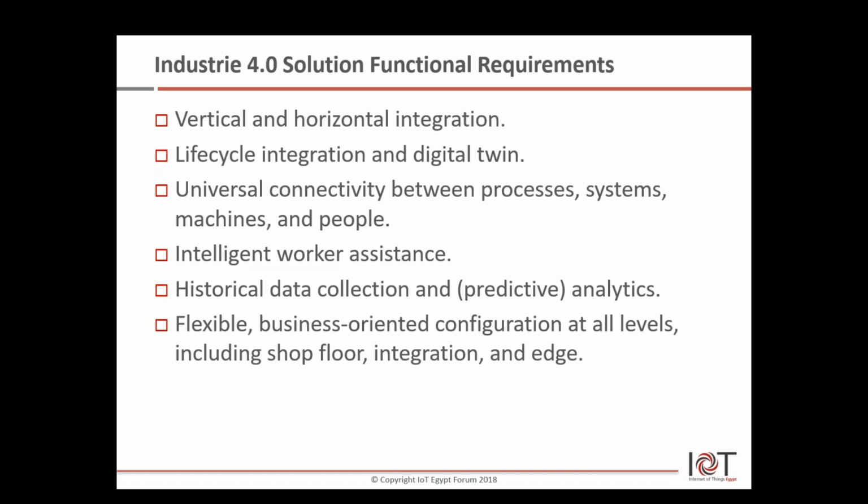Or intelligent support, like, for example, having enough dashboards and predictive analytics or predictive maintenance, so we can predict whatever problems we are expecting based on historical data. So these are all intelligent worker assistants that make life easier for workers in the factory who are under tension and pressure.